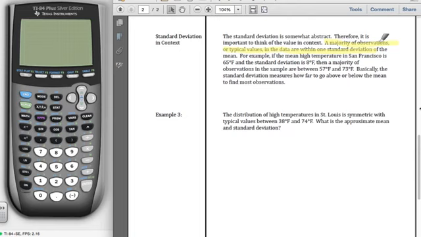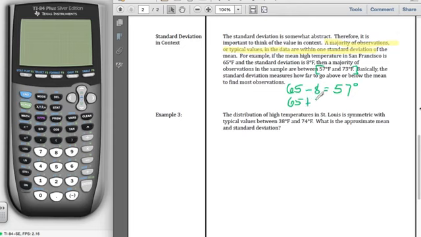For example, if the mean high temperature in San Francisco is 65 degrees and the standard deviation is 8 degrees, then most of your temperatures in the sample are between 57 and 73. If you take your mean 65 and subtract 8, that gives you the low value, the 57 degrees.